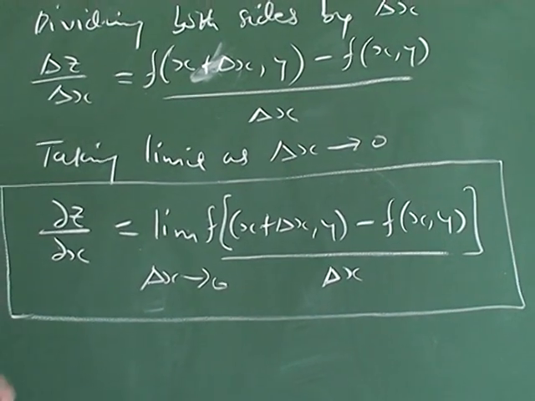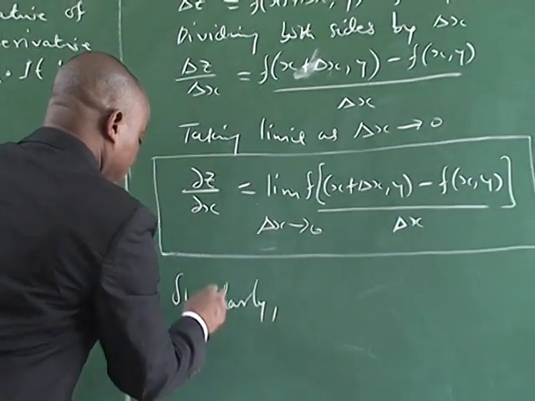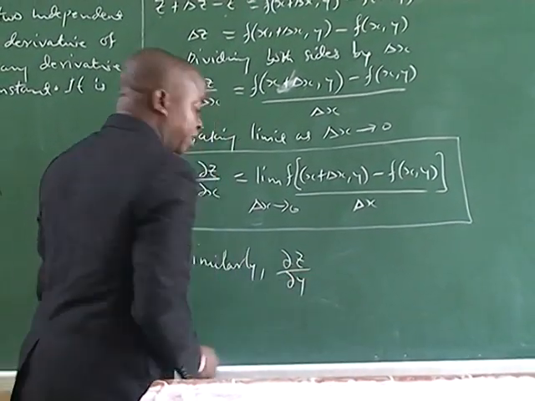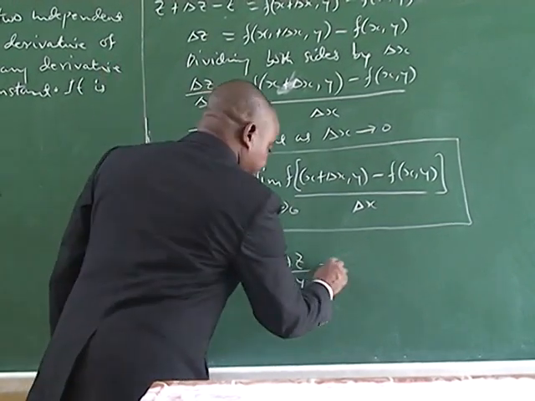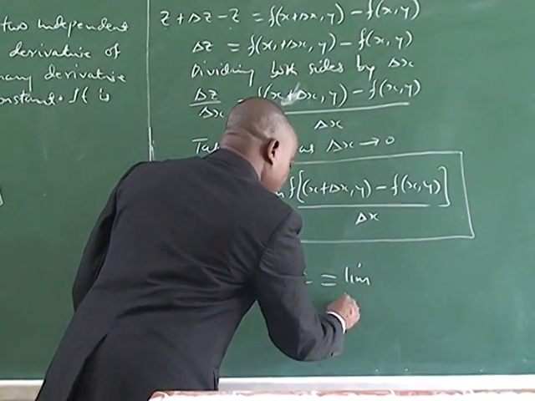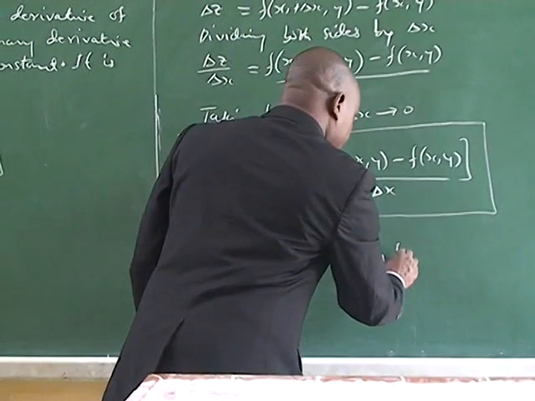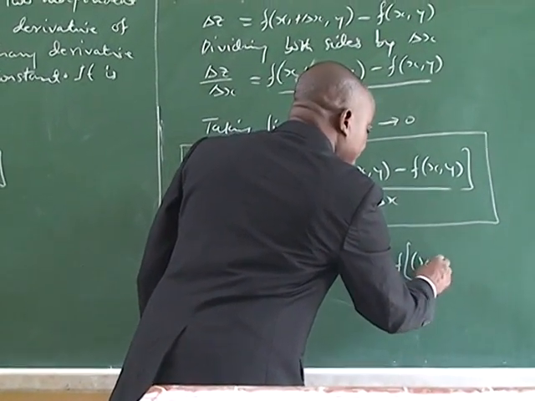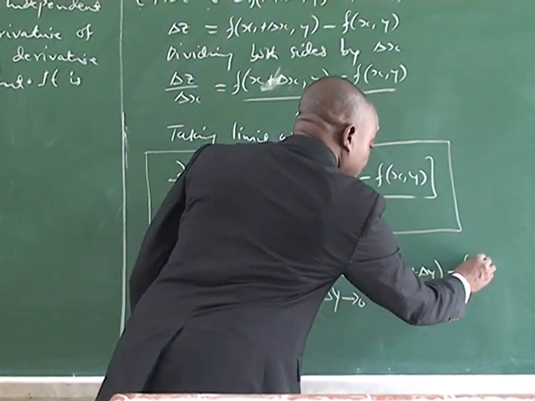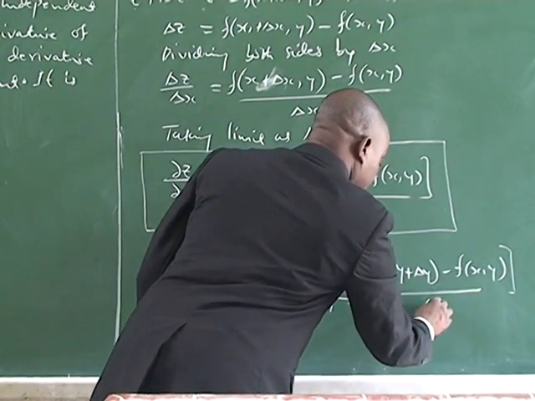Now, similarly, partial z partial y will be defined as the limiting value as change in y approaches 0 of f of x, y plus change in y, minus f of x y, over change in y.